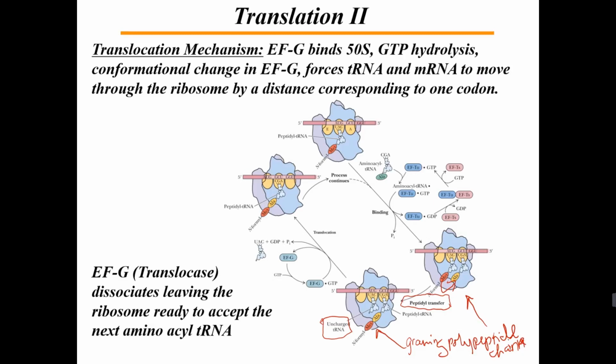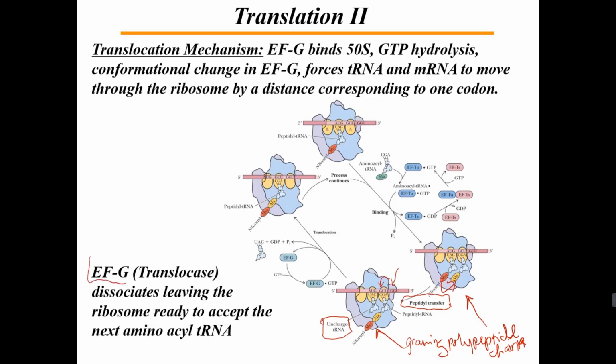Okay, so then we need to actually translocate the mRNA by one specific codon so that the next codon will become available in the A site for the next incoming cognate aminoacyl tRNA. And this is actually accomplished by an elongation factor called EFG, or translocase.